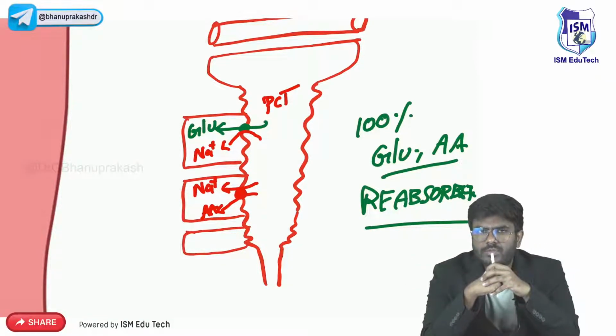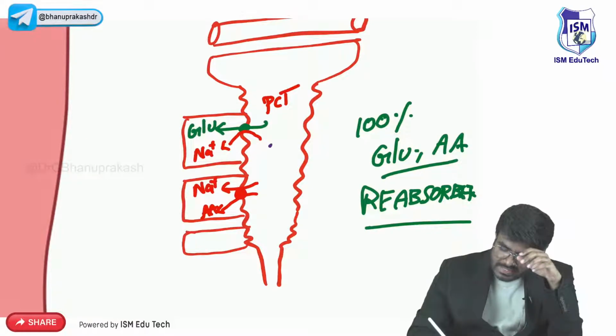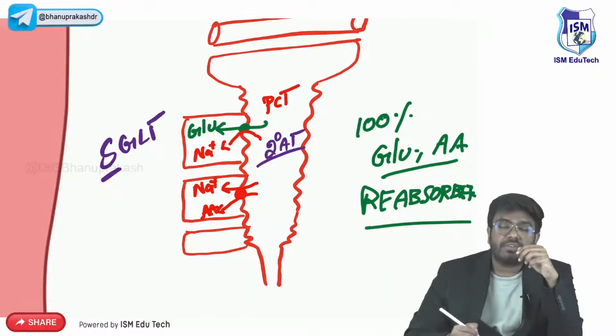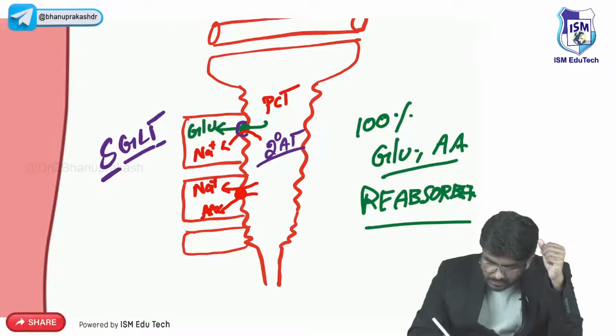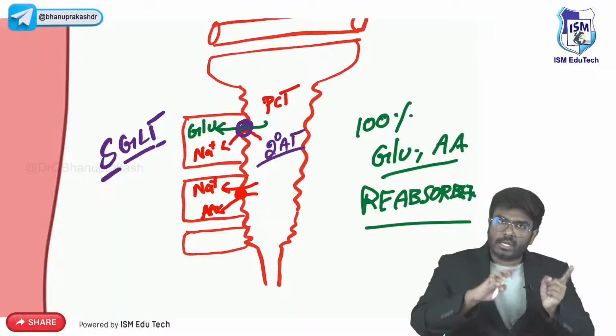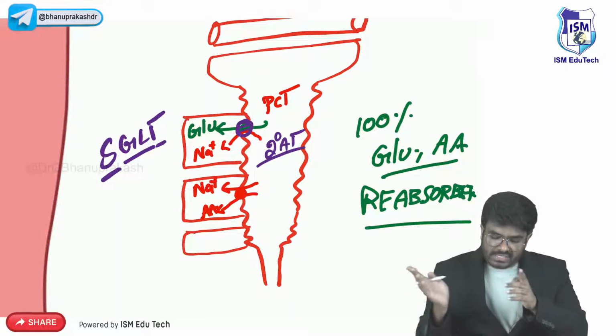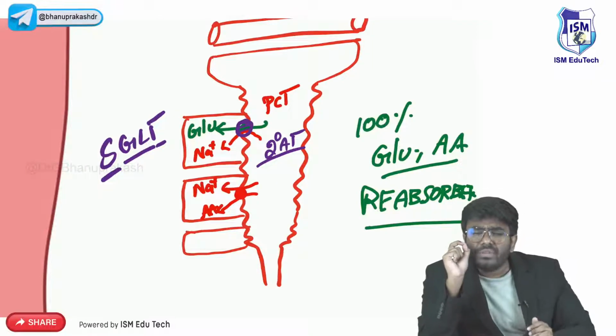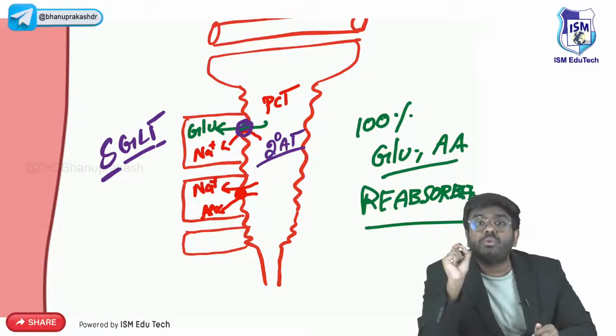Remember, all co-transporters are examples of secondary active transport. So, this is SGLT, S for sodium, glucose transporter. Whatever is present over here is transporting glucose molecules as well as sodium molecules. So this is the sodium glucose co-transporter, which is an example of secondary active transport.